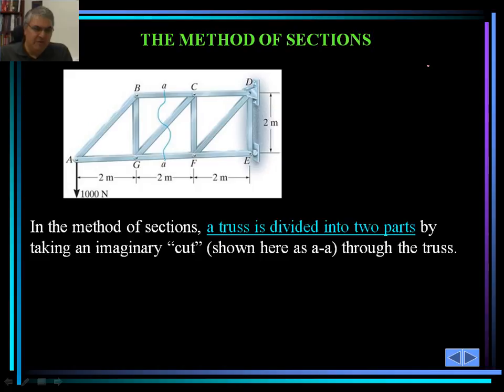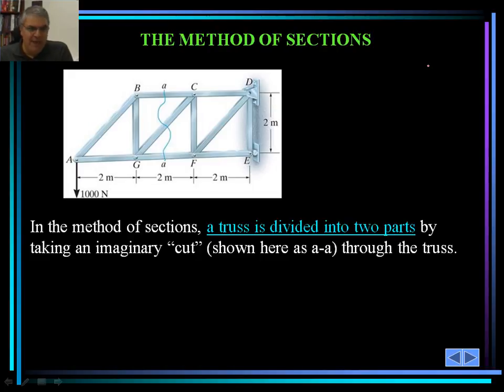So what is involved in the method of sections? We divide the truss usually in two or more parts depending on where the cut can go through. In this case, since there is one simple truss, the cut would divide the truss into two parts.